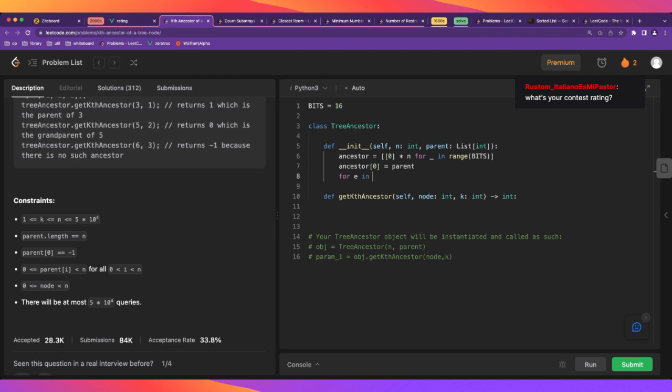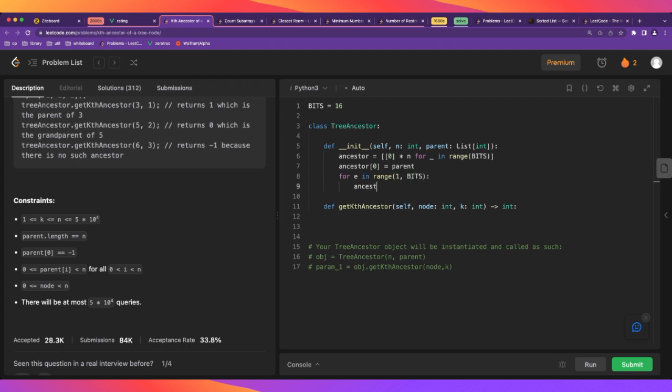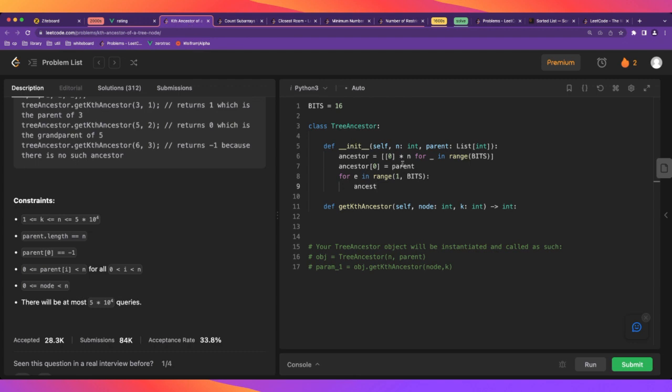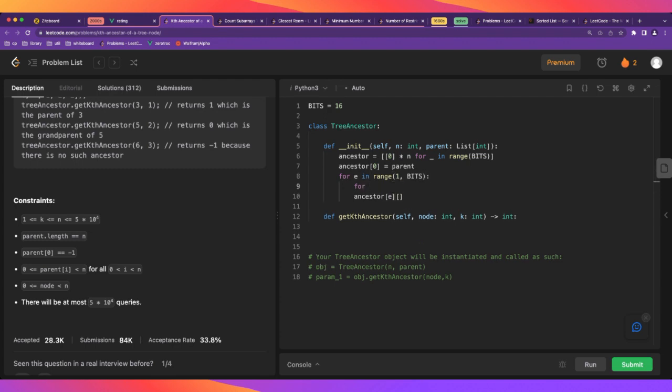So let's say the exponent goes from, we already took care of 0, so let's start from 1. We want to go from smaller to largest so that we can use that recurrence. And this is just copying what I wrote here. So the ancestor of E of, okay, so we need to go over the nodes.